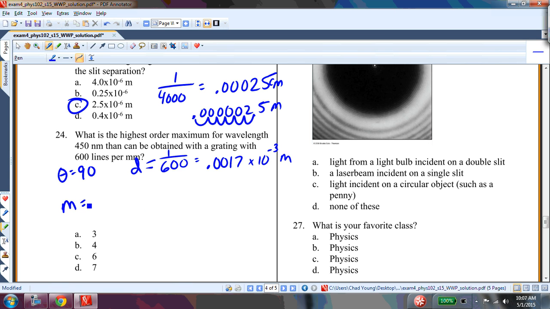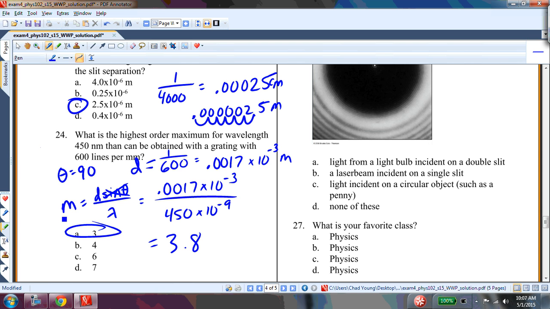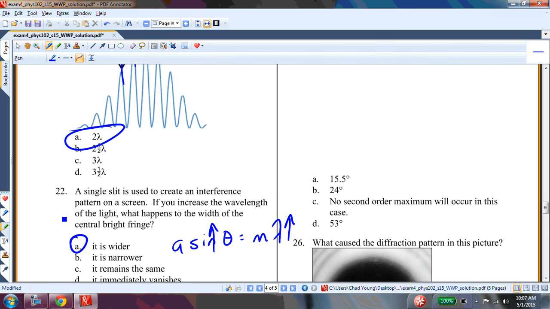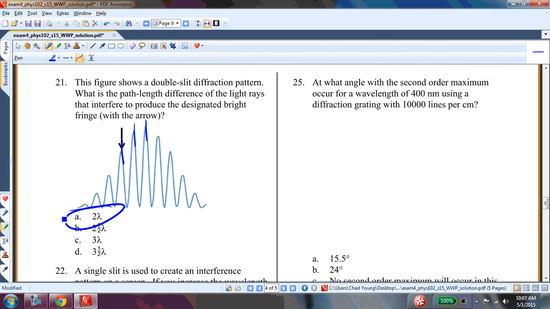So I know that d sine theta equals m lambda, so this is going to be d sine theta over lambda, but since theta is equal to 90, that just goes to 1, so it's 0.0017 times 10 to the minus 3 divided by the wavelength, which is 450 times 10 to the minus 9. That's 3.8. That means you have 3 orders present. You don't round up to 4, because it just goes up to 3 and then it stops.